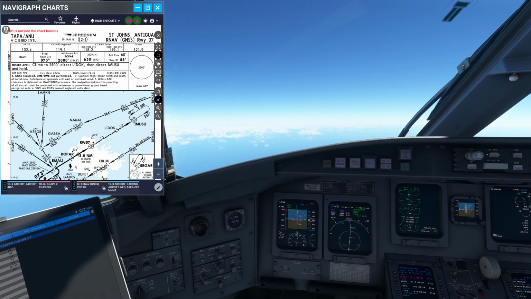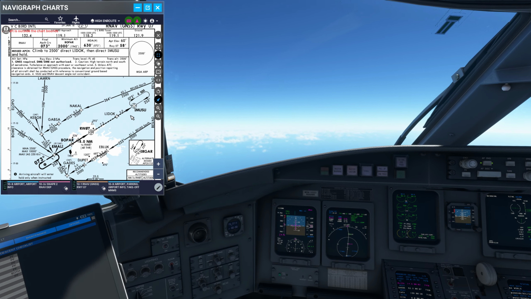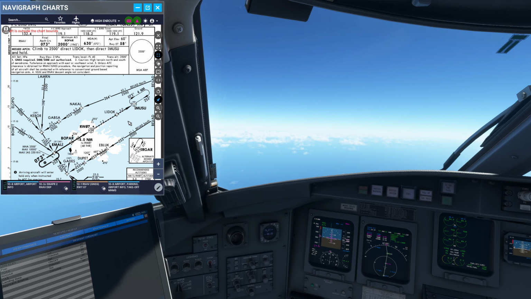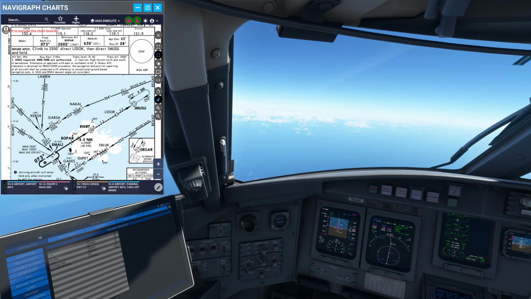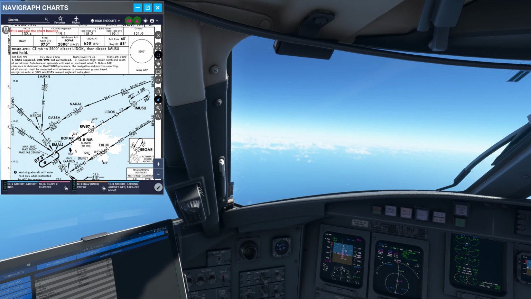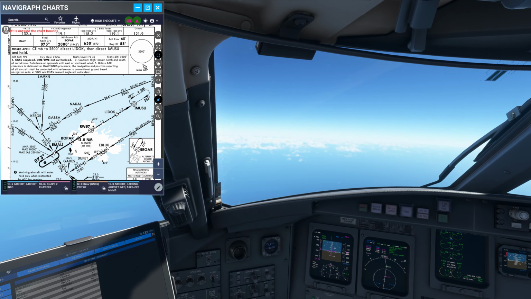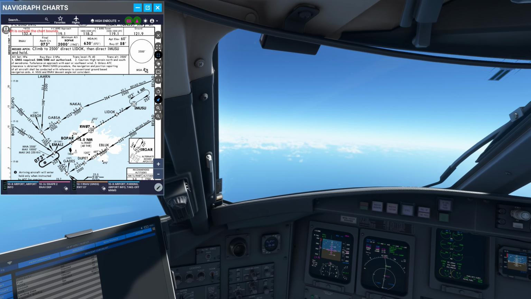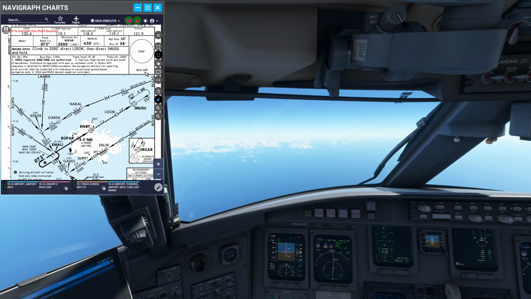Let's see here. Minimum safe altitude, MSA, ARP. Now, normally, if it's an ILS approach or a localizer approach where there's a ground-based navigation system like a VOR, they're going to give you the minimum safe altitude as a 25 nautical mile radius around whatever that ground-based reference point is.